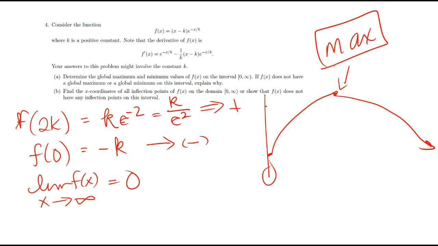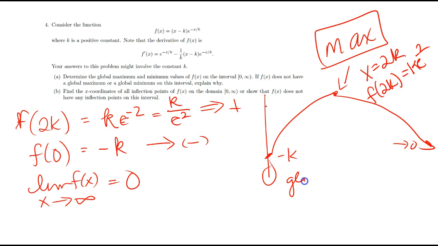So there is a global maximum at x equals 2k, and f of 2k, we said, equals k e to the minus 2. Now, this thing's headed towards 0. This is a negative k.